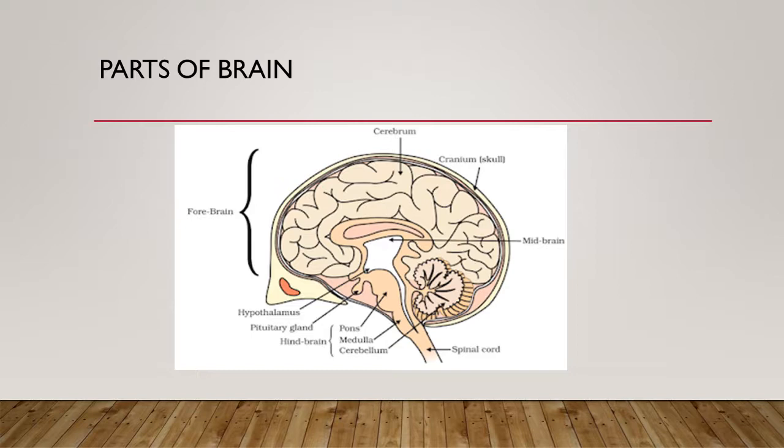The sensory neurons carry information from the sensory receptors, which are present throughout the body, to the brain. While there are motor neurons which transmit information from the brain to the muscles. The interneuron transmits information between different neurons in the body, interconnecting the two.